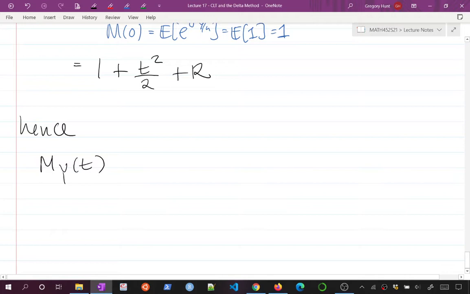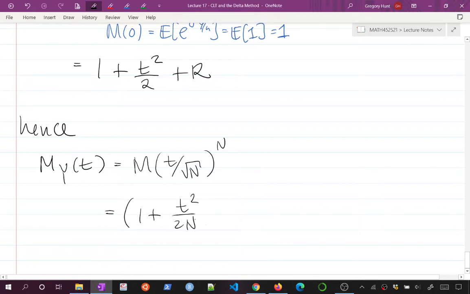And so we said that this thing will be M, the moment generating function of the Y's, evaluated at t over root n, to the nth power, which is 1 plus t squared over 2, which is t squared over 2n, because I square things, plus r of t over root n, whatever my remainder is, to the nth power.